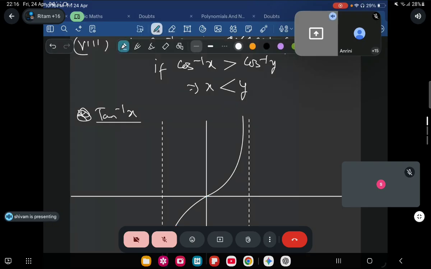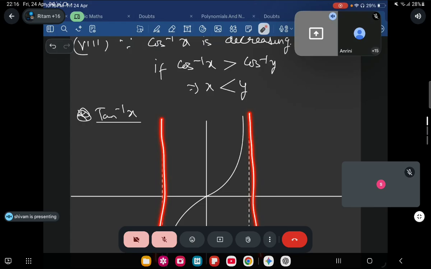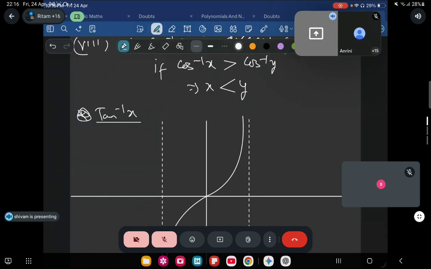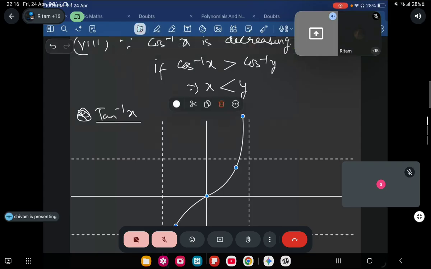Now we are going to take the mirror image. Just like y equal to tan x is bounded between x equal to pi by 2 and x equal to minus pi by 2, these are the vertical asymptotes for tan x. Similarly, tan inverse x will be bounded between y equal to pi by 2 and y equal to minus pi by 2. Tell me, Ritam, are you getting?